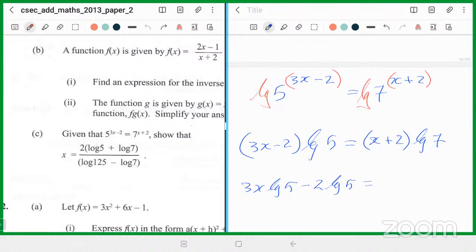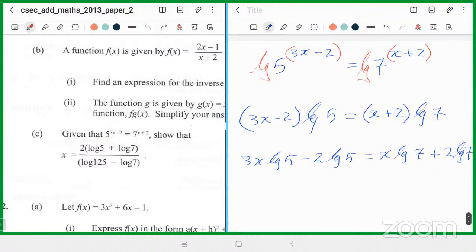This side becomes x times the log of 7, so it's x log 7 plus 2 log 7. Remember, we're trying to work towards this, right? So I'm going to group the terms in x on the same side, this and this. Bring them on the same side. I don't want this over here. I'm going to take it over to that side.